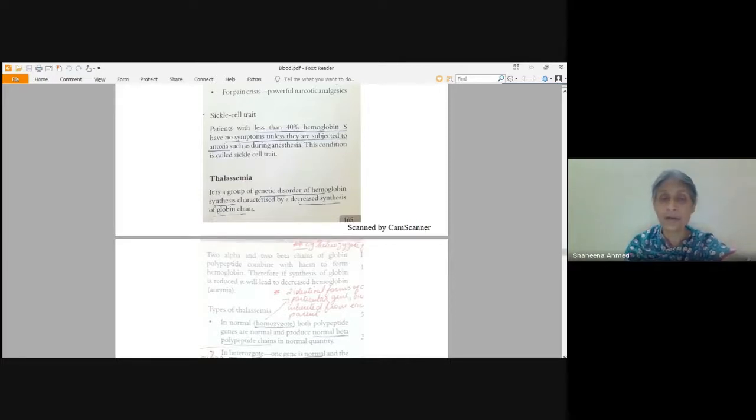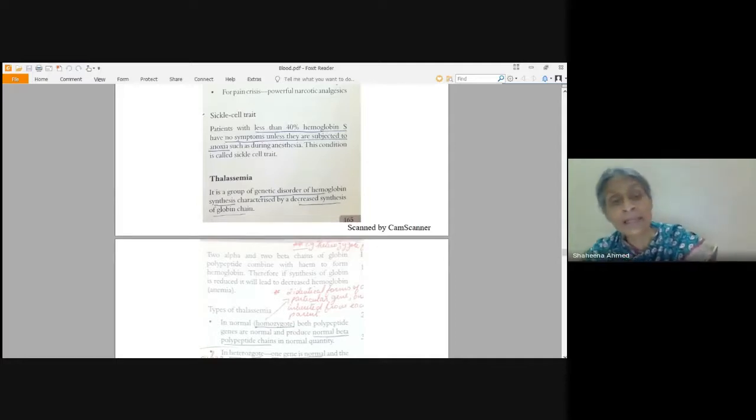The 60 or 60 plus percent of normal hemoglobin that they have is able to compensate for this hemoglobin S. And if no adverse or anoxic conditions are offered to these individuals, they can lead a normal life.